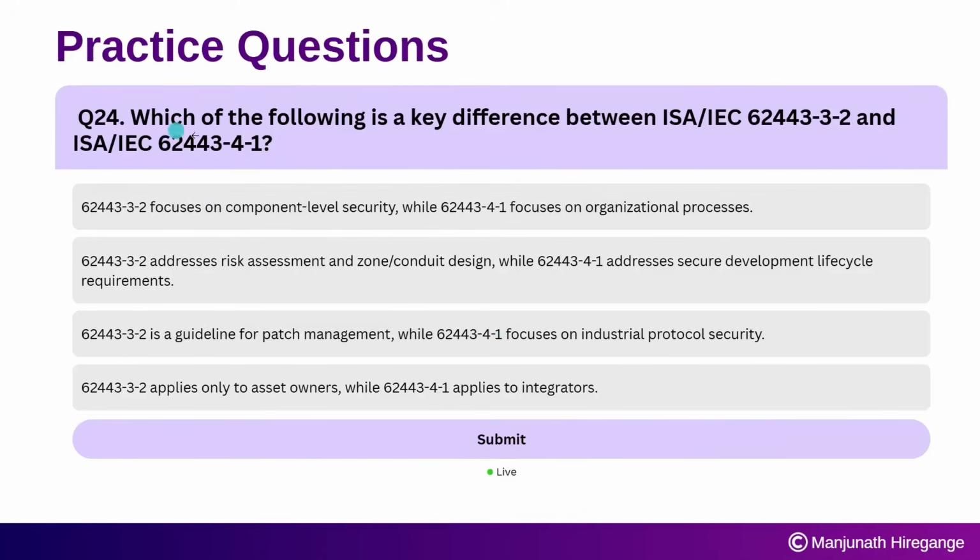Question number 24. Which of the following is a key difference between 62443-3-2 and 4-1? As I said, if you remember that entire series chart, then you can easily answer.